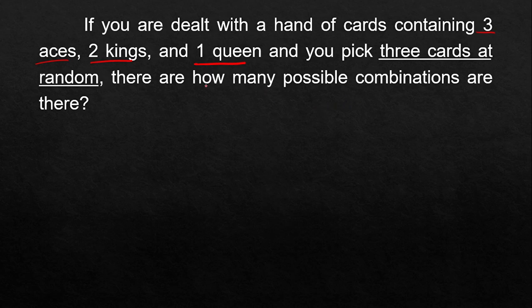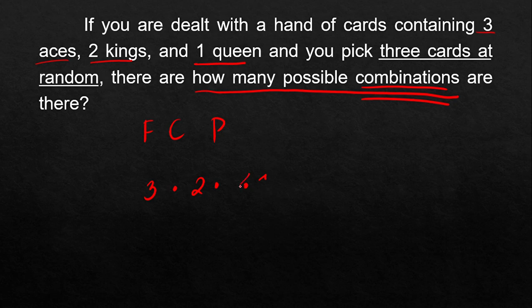You are asked how many possible outcomes there are, so we can apply the fundamental counting principle. 3 aces times 2 kings times 1 queen, and that is 6 possible combinations.